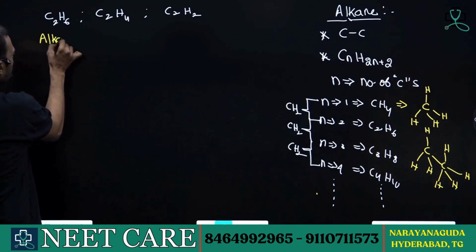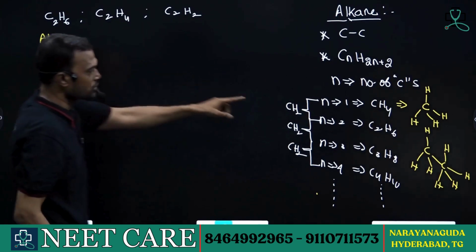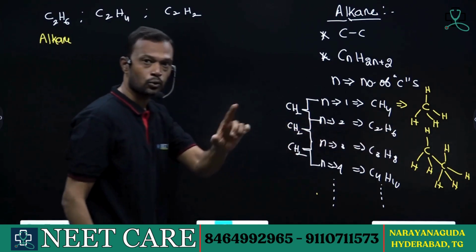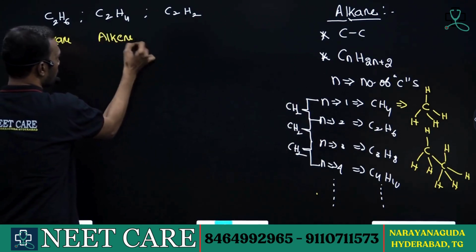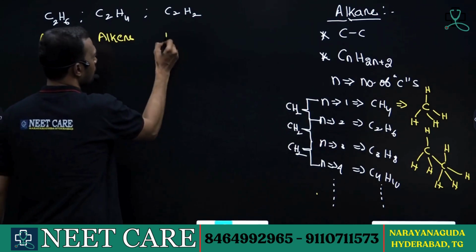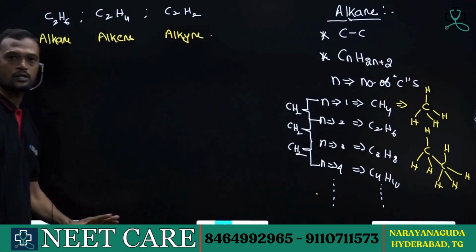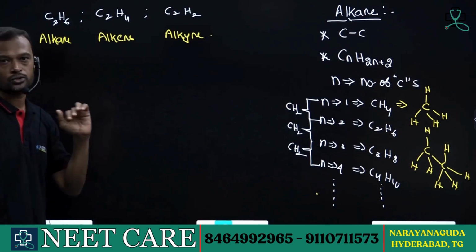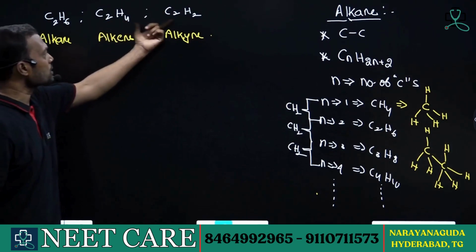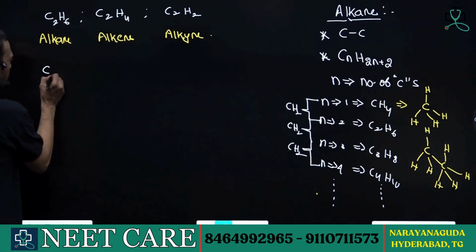If you remove 2 hydrogens from the alkane, you will get an alkene, with one double bond. Now if you remove 2 more hydrogens, then what happens? You may get an alkyne. There is a simple technique to identify a hydrocarbon with a reducing number of hydrogens. That is responsible for giving 2 unsaturated molecules and 1 saturated molecule.